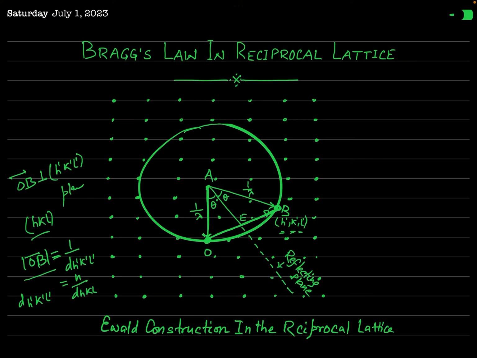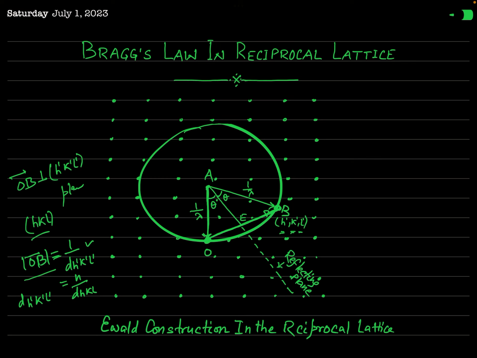So the length of this reciprocal lattice vector must be the reciprocal of the interplanar separation, so modulus of OB must be equal to 1 over d h prime k prime l prime, or n over dhkl. But now see the geometry of this figure.